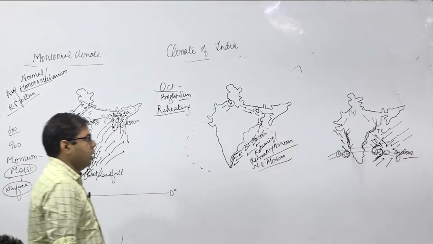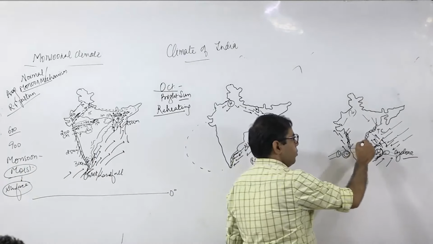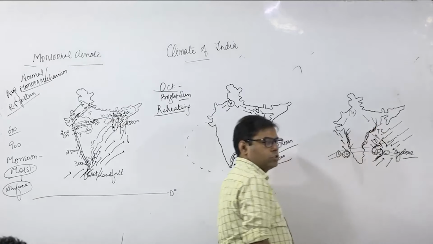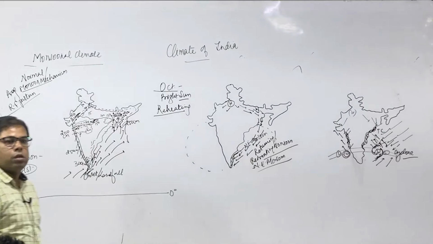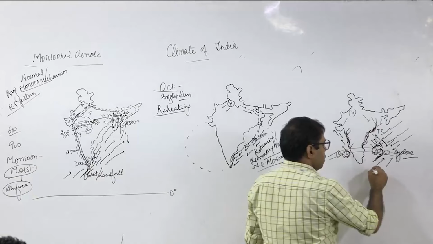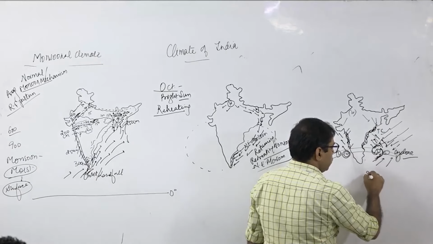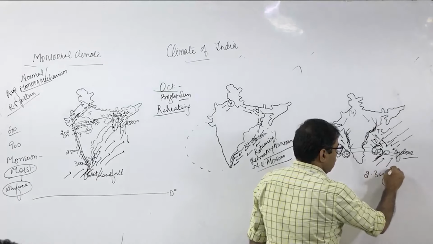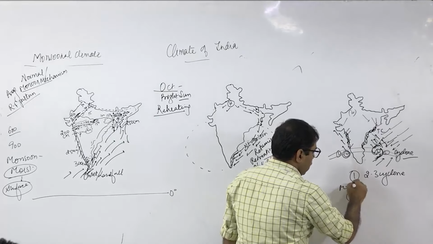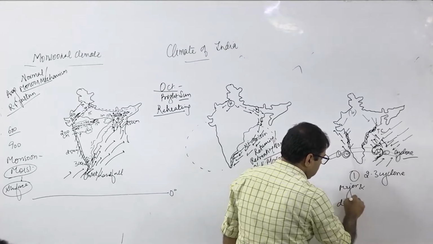So the coasts of Tamil Nadu, Andhra Pradesh, Odisha and West Bengal are affected by tropical cyclones. There are at least 2 to 3 major cyclones, and the first cyclone is major and destructive.